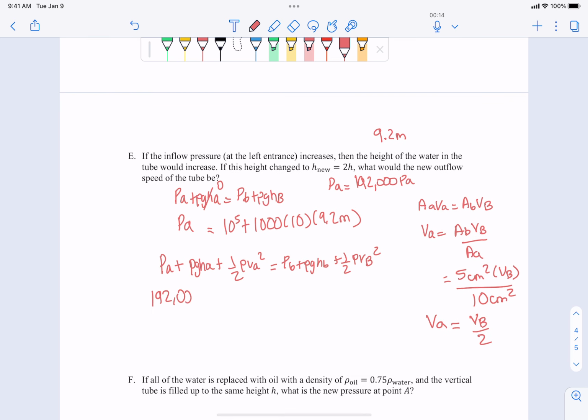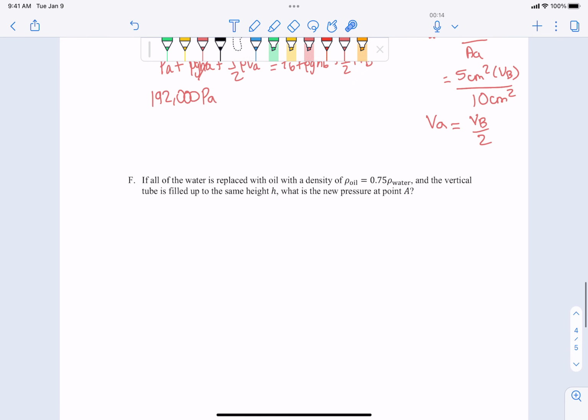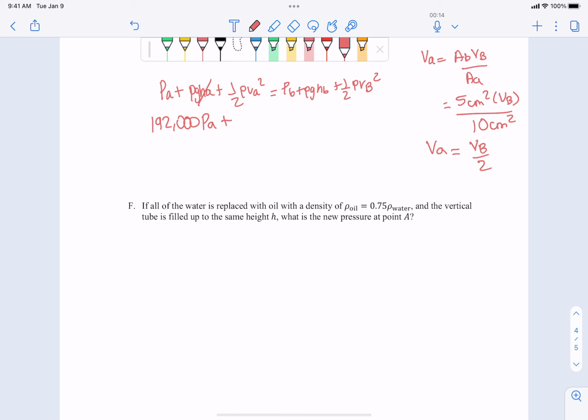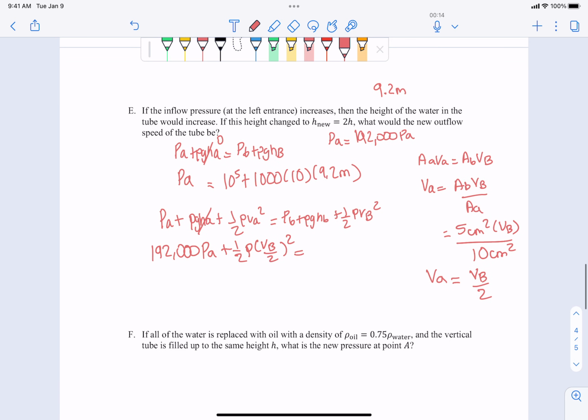So I have 192,000 pascals for the pressure at A. This ended up being 0 because I set the height at A to be 0, remember from before. Then this is added to half rho times VB over 2 squared, which is VA. And then PB is atmospheric, so 10 to the 5th pascals, plus 1,000 times 10 times the height at B, which is 4 meters.